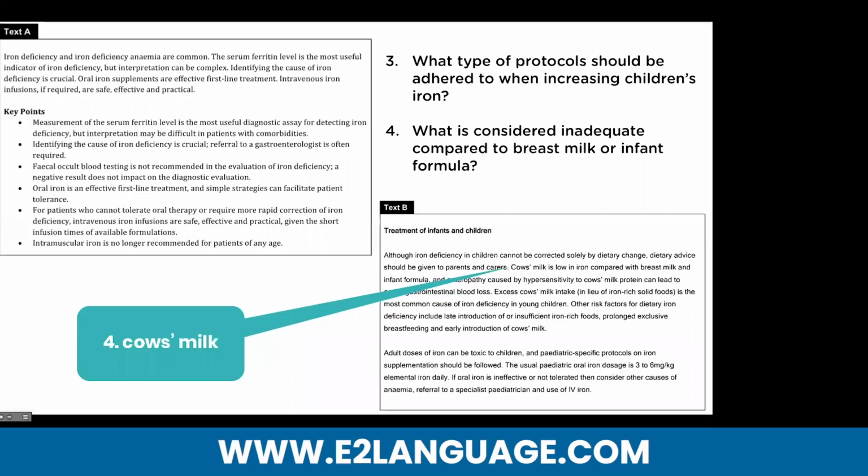I can see in that first paragraph it's mentioning milk, milk, milk, right? It says that cow's milk is low in iron compared with breast milk and infant formula. So the answer there is cow's milk. A capital letter is probably not essential, but again, you want to copy it exactly as it is from the text.